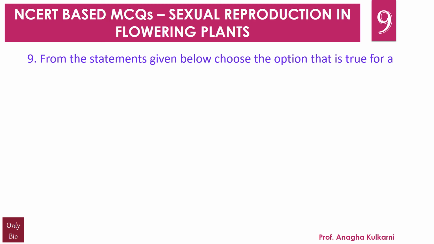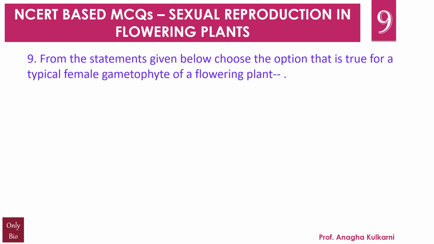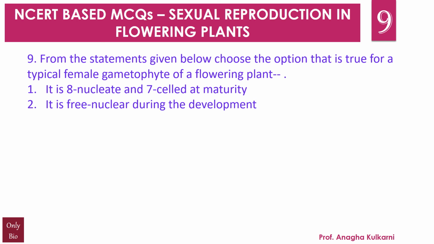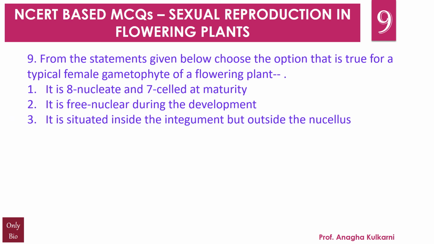Question number 9. From the statements given below, choose the option that is true for a typical female gametophyte of a flowering plant. First, it is 8 nucleate and 7 celled at maturity. Second, it is free nuclear during the development. Third, it is situated inside the integument but outside the nucellus.